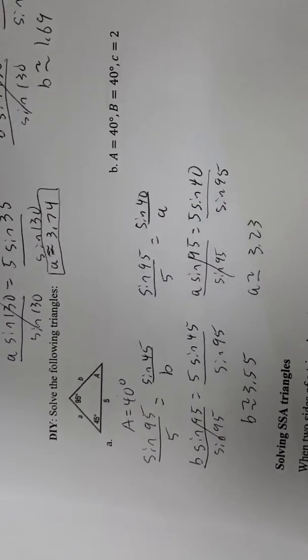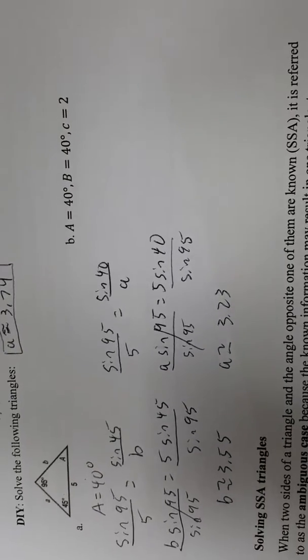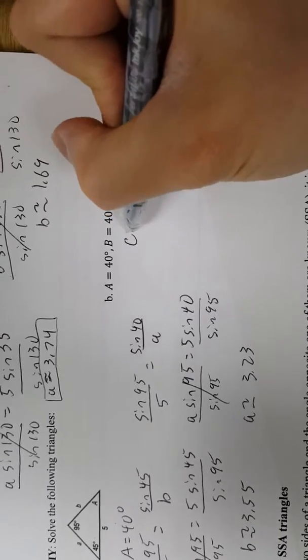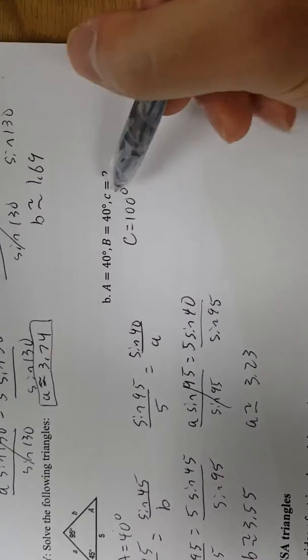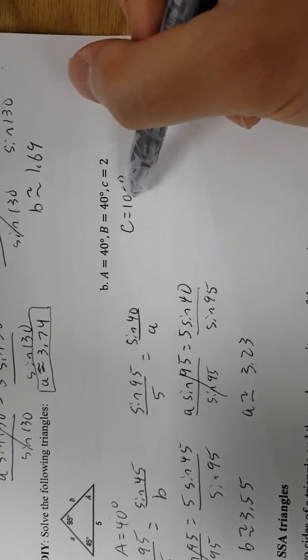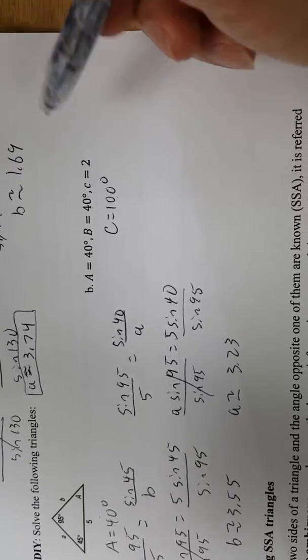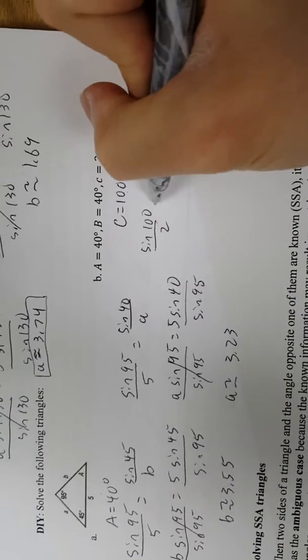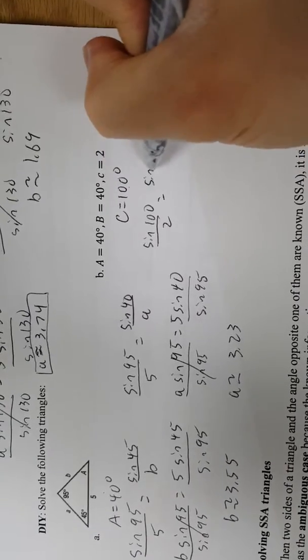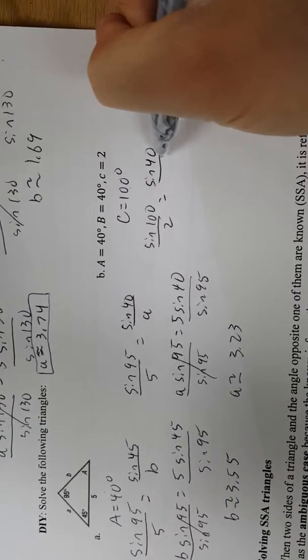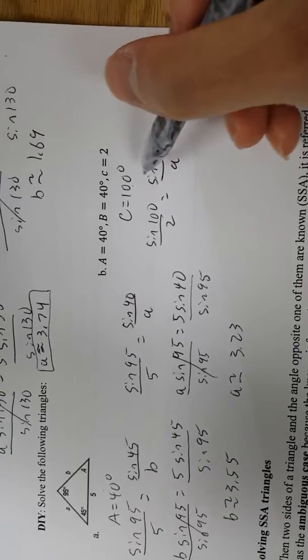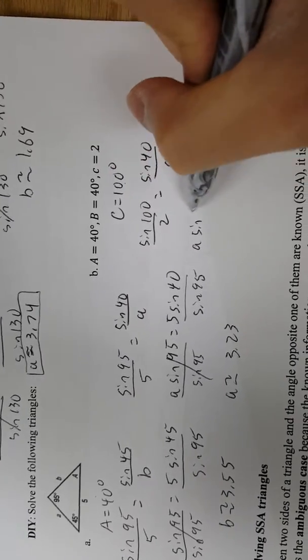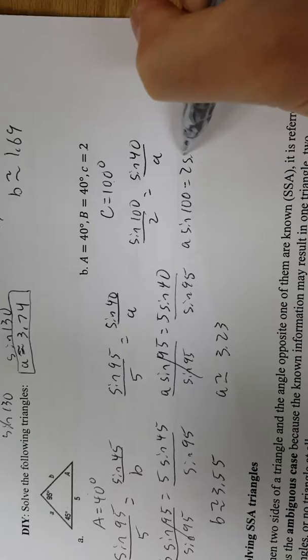And that's letter A. Now, to find letter B, I know angle C is going to be 100 degrees. And so I have 100 and the side across from it is 2. So I just do sine of 100 over 2 is equal to sine of 40 over A. So this becomes A sine 100 is equal to 2 sine 40.